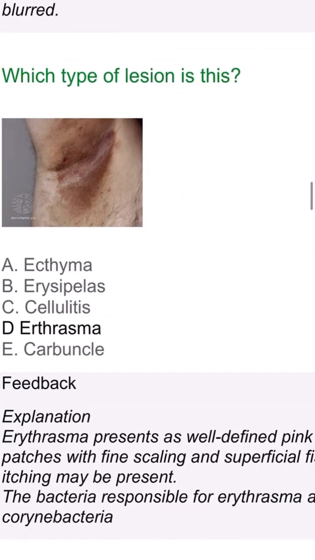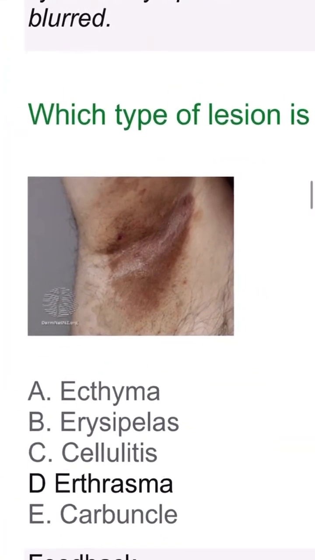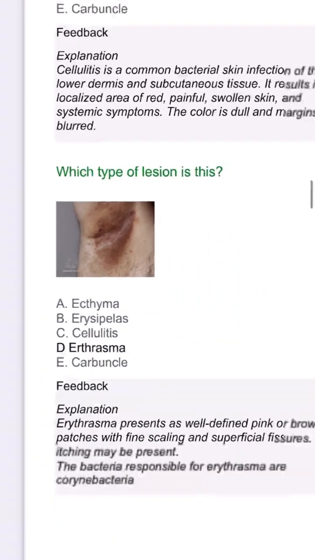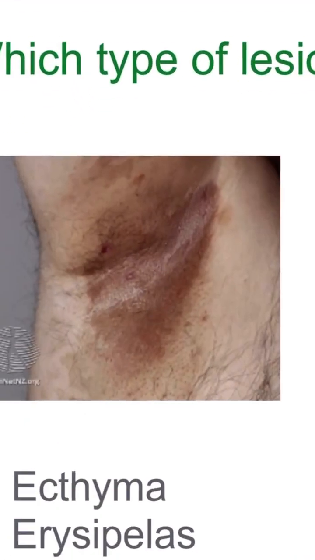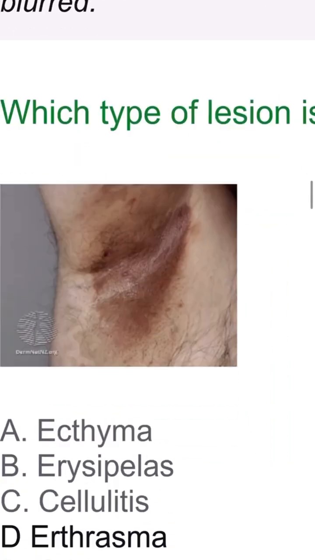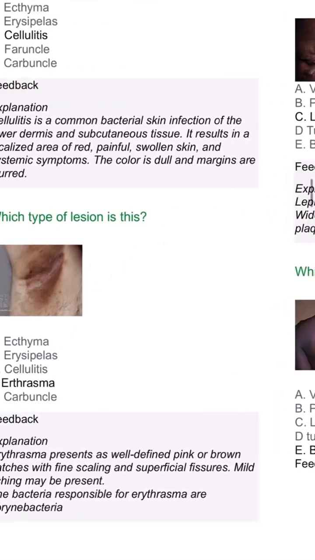Okay, what type of lesion is this? Again, erythema. Okay, it presents as well-defined pink or brown patches with fine scaling and superficial fissures. Mild itching may be present. The bacteria responsible are corynebacteria. Okay, so this is erythema.